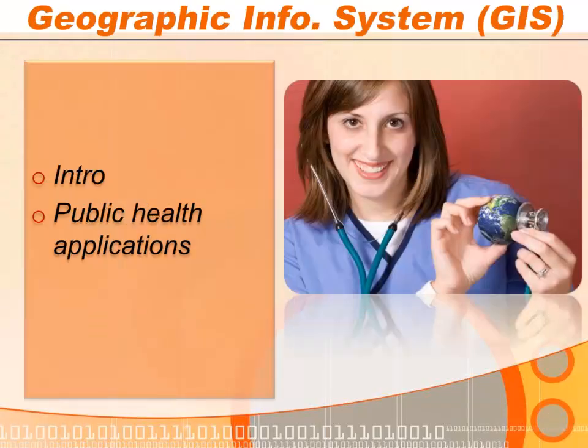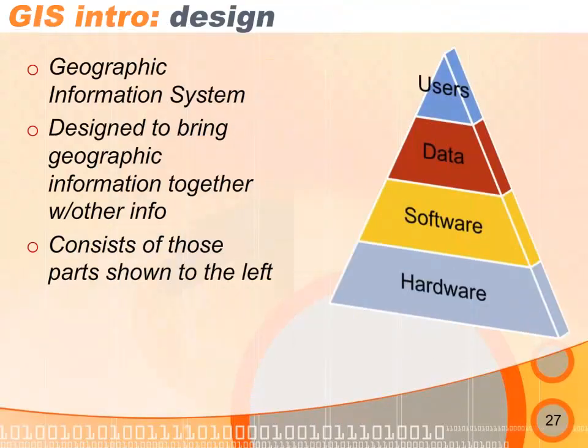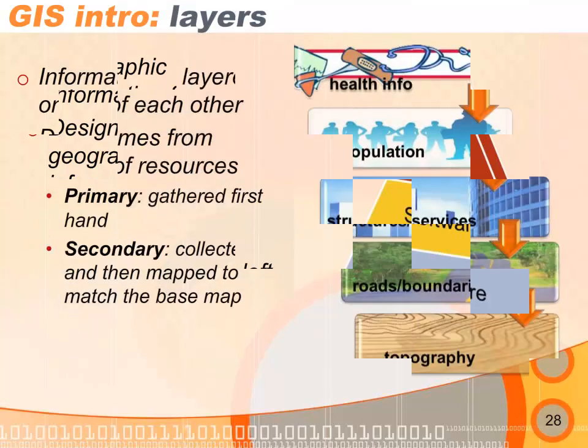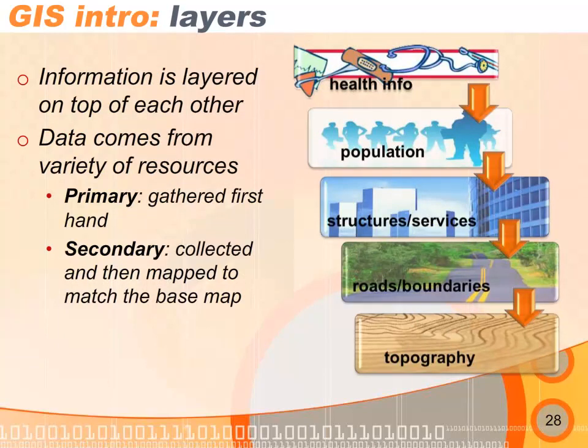Now let's look at GIS, or Geographic Information Systems. GIS is designed to bring geographic information together with other information and consists of hardware, software, data, and users. The information is layered on top of each other, with the data coming from a variety of sources.